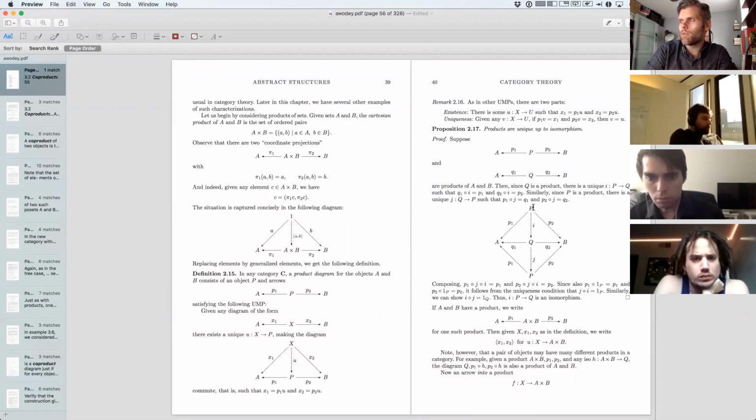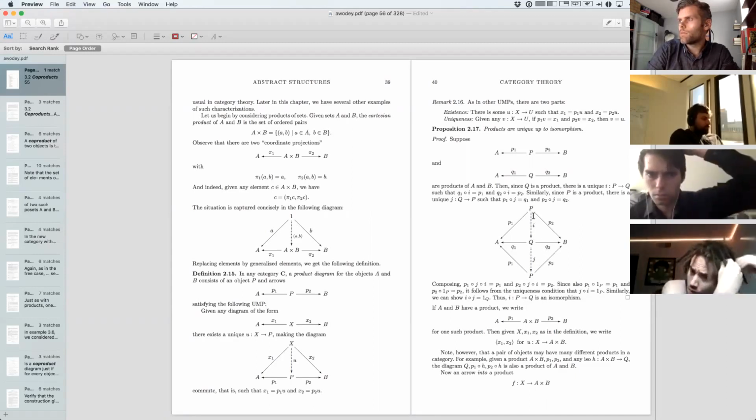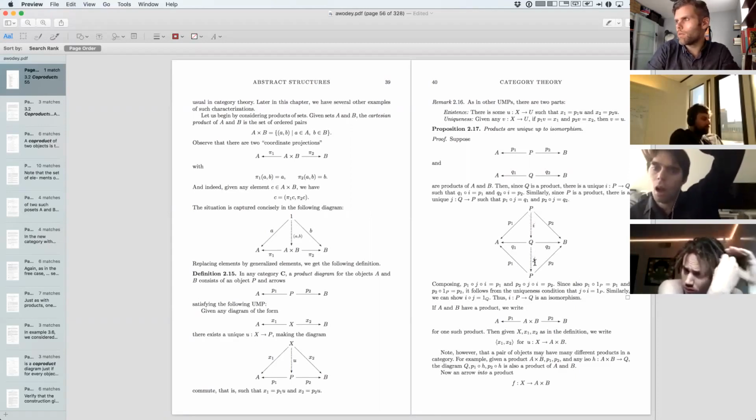And same reasoning for P to Q, right? So I and J definitely exist. We know that. And we know that I and J are also unique, right? There's only one I that goes from P to Q, and one that goes from Q to P.